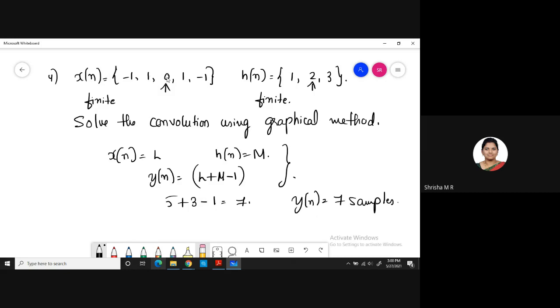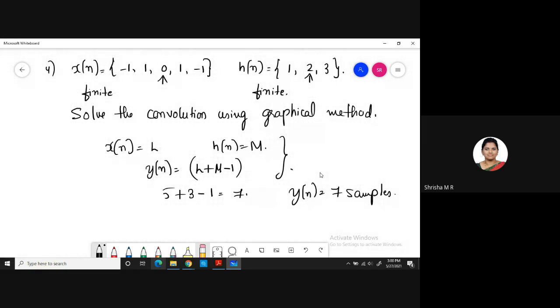They have given the origin for x of n and h of n, and we have found the length of y of n, that is 7 samples. This is the formula to find the number of samples of the convoluted sequence, L plus m minus 1, that is 5 plus 3 minus 1, 7 samples. And where is the origin for that y of n?